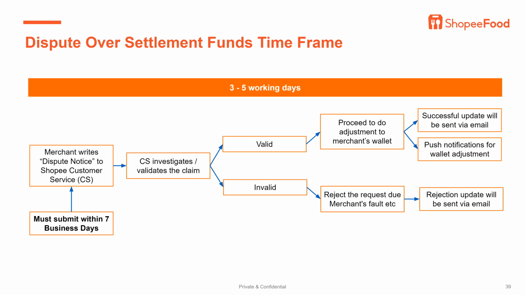If the claim is valid, we will proceed to adjust your wallet, and upon success, we will send out an email and push notification for the wallet adjustment. However, if we find out that your appeal is invalid, we might reject your request as it might fall under your fault. But rest assured, we will send you an update email as well.